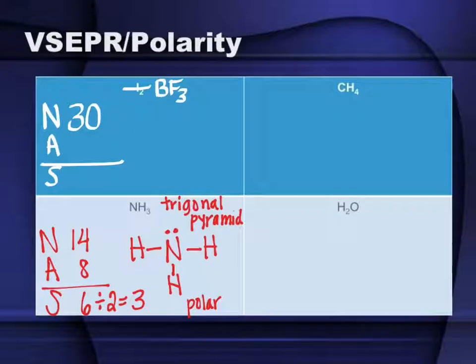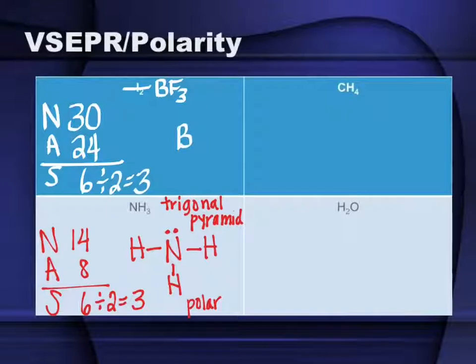Boron is special. How many are available? 21, 22, 23, 24. So we are sharing 6. Divided by 2, how many bonds do we have? 3.